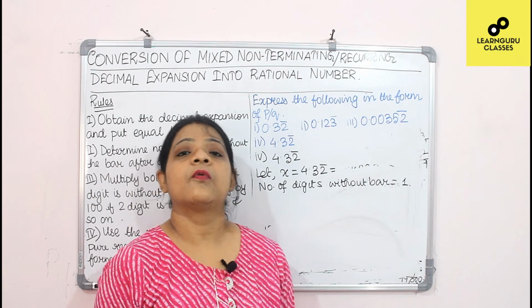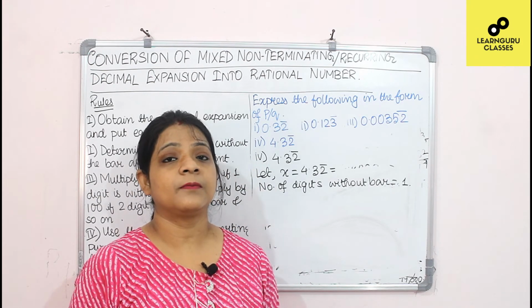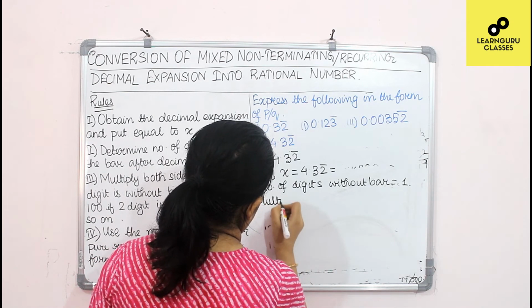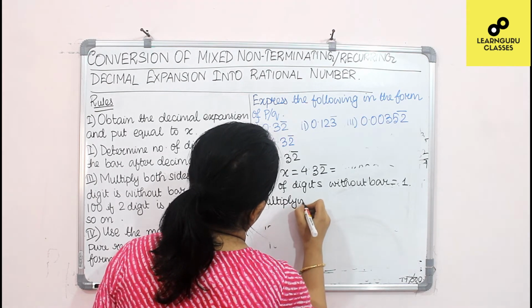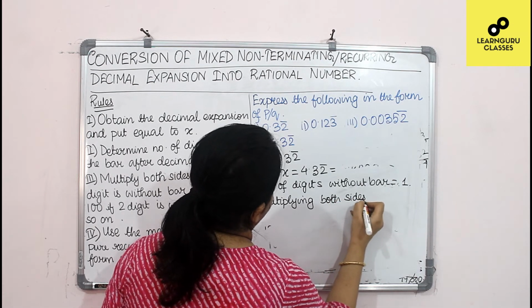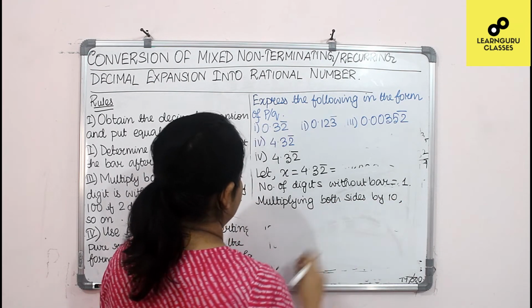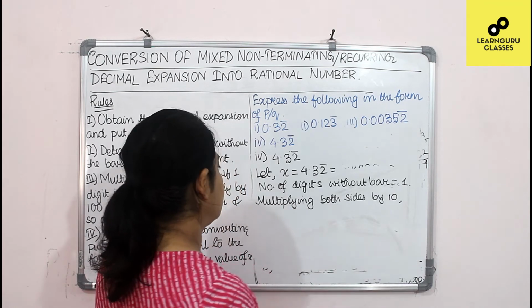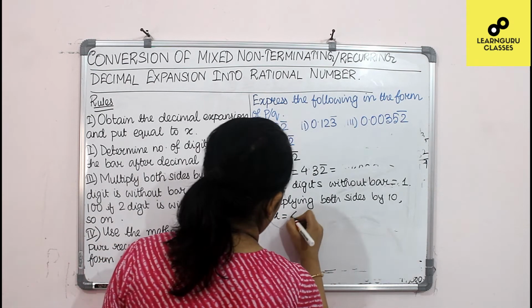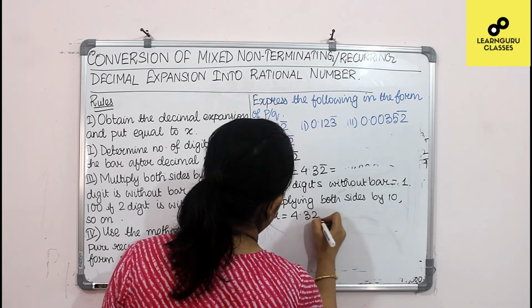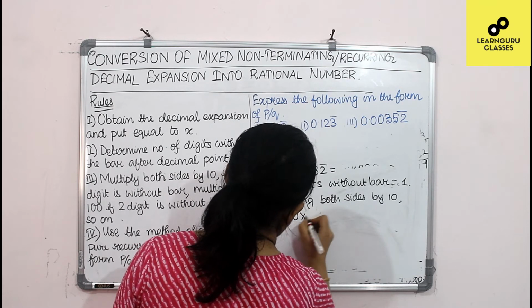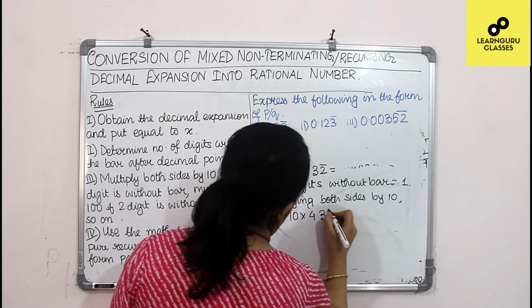So 1 digit is without the bar. With what will you multiply this? You will be multiplying this by 10. So multiplying both sides by 10, what will you have? 10x equal to 10 into 4.32 bar.